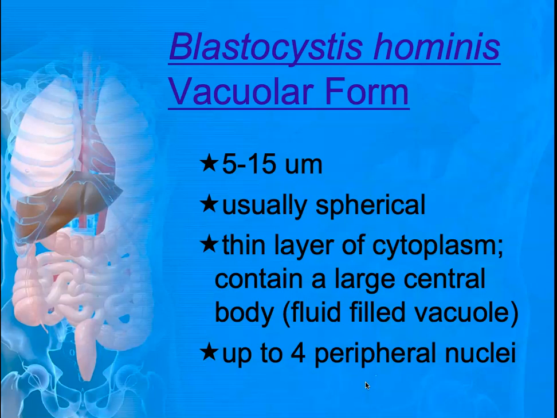What is helpful is that the vacuolar form is very obvious. It's on the smaller side and it's usually spherical. It has a large central body, which is a fluid-filled vacuole, so large that it's taking up 90% of the space inside of it. And because it's so large, it pushes the four nuclei to the periphery.